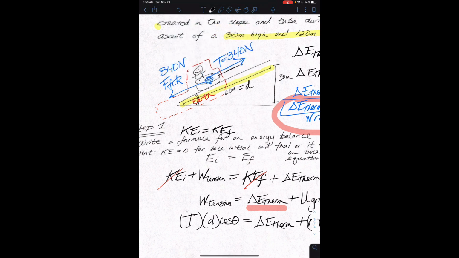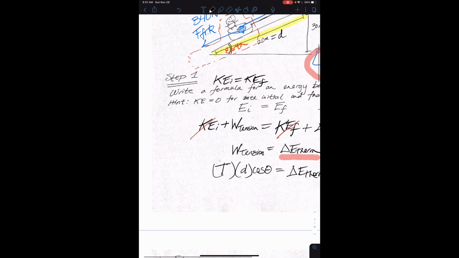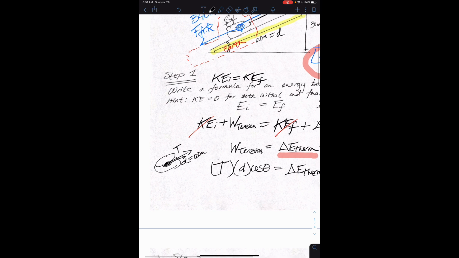What we have here is the inner tube, if I just draw it over here, and it's being pulled by the force tension over a distance d. So as long as our distance is 120, we don't have to worry about an angle. You see that? So theta is going to equal 0.